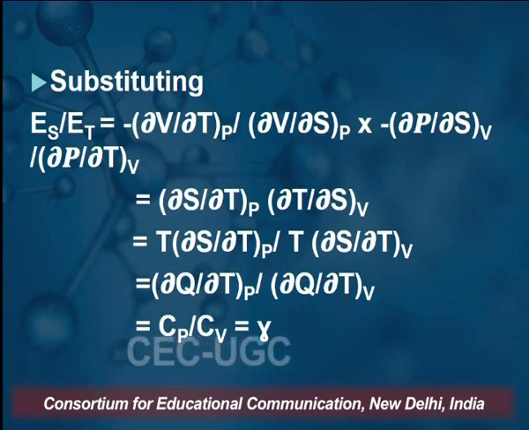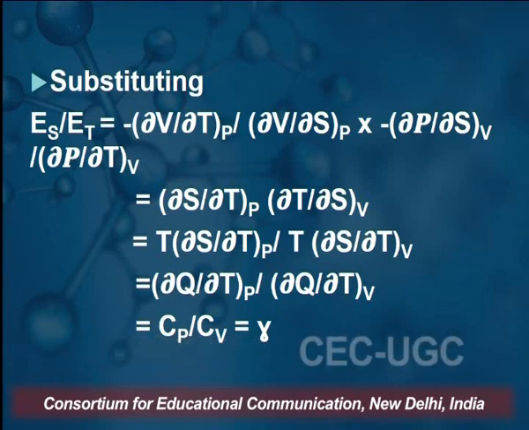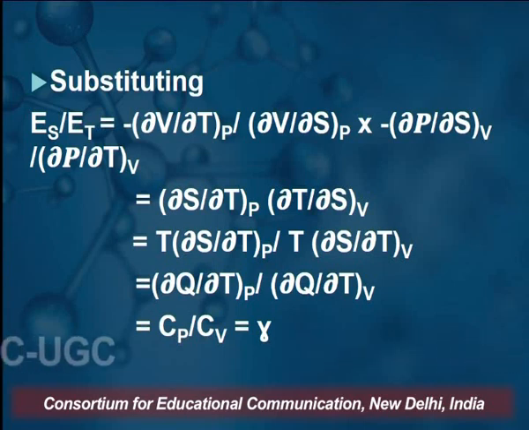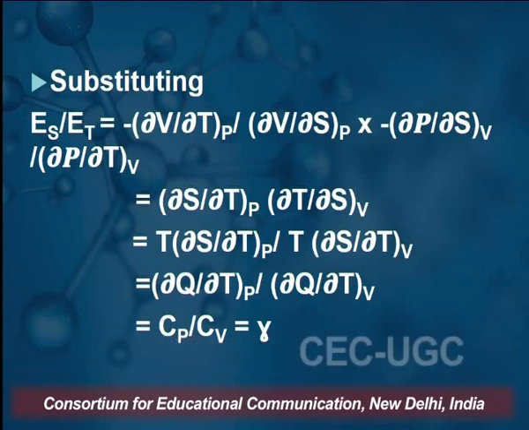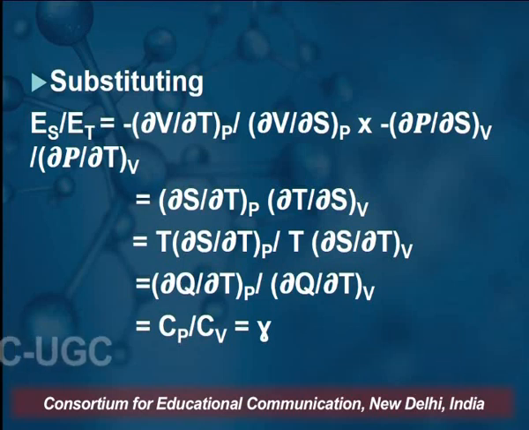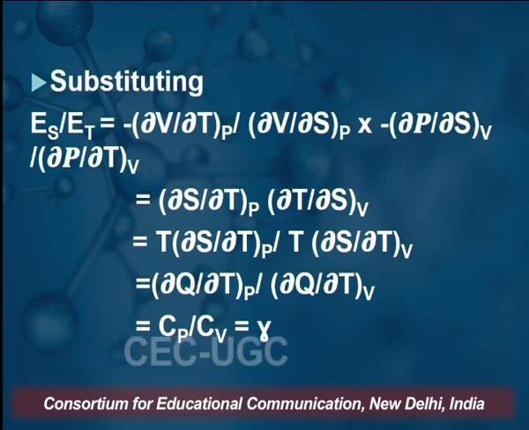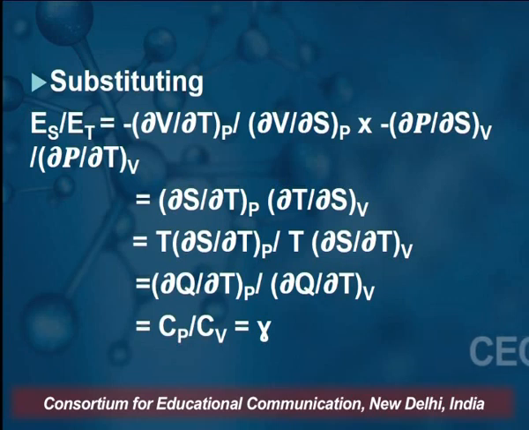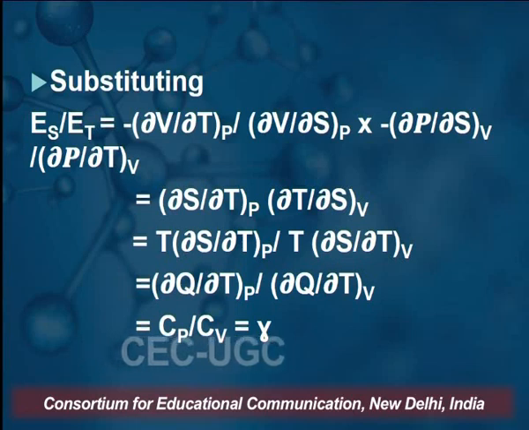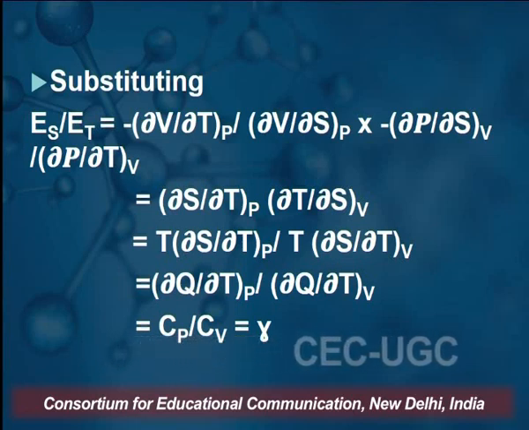Just interpreting these further, we get delta S by delta T at constant pressure divided by delta T by delta S at constant volume, which is equal to T times delta S by delta T at P divided by T delta S by delta T at V. Here we have multiplied and divided by T because we are interested in finding Es by Et in the desired form.